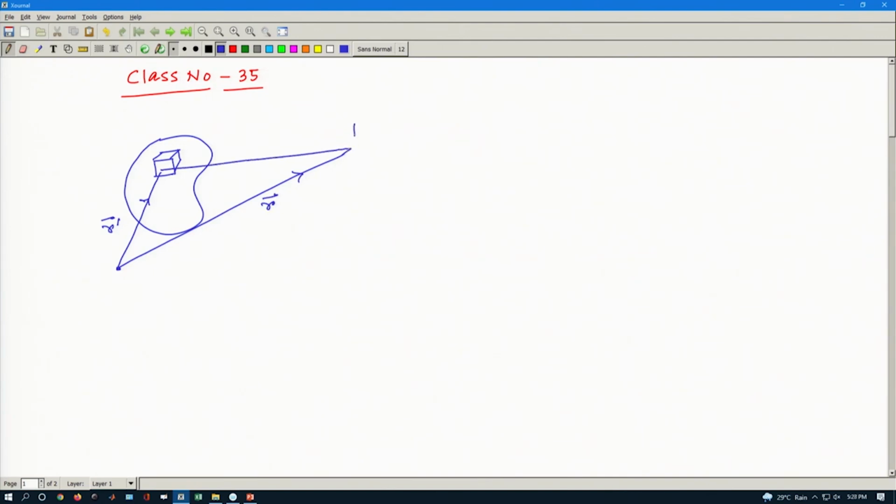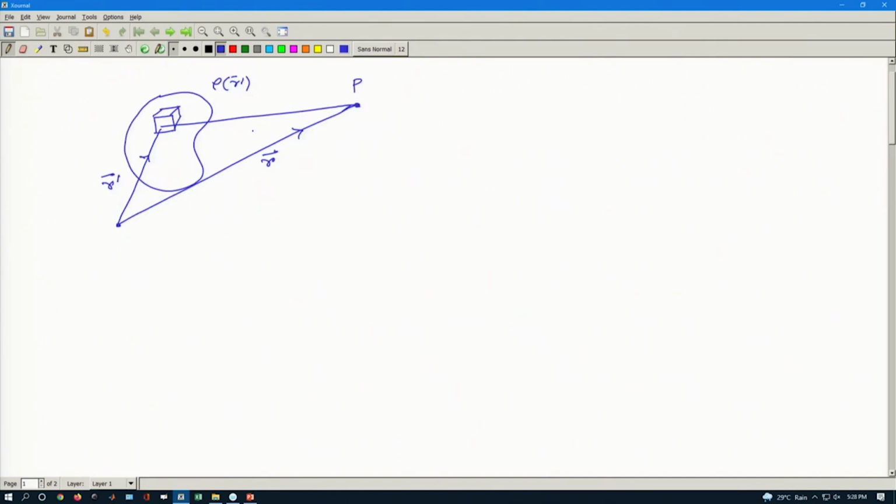So, this point was P. We try to find out the potential at this point P, and the charge distribution here is defined by the charge density rho, which is a function of r prime.